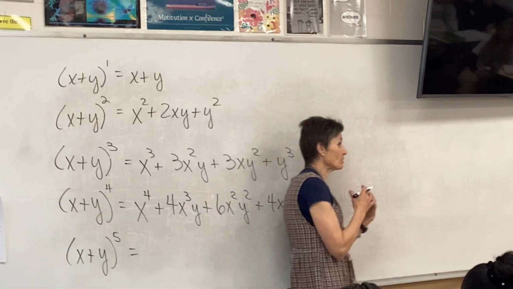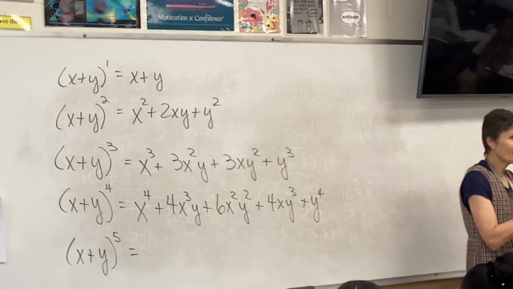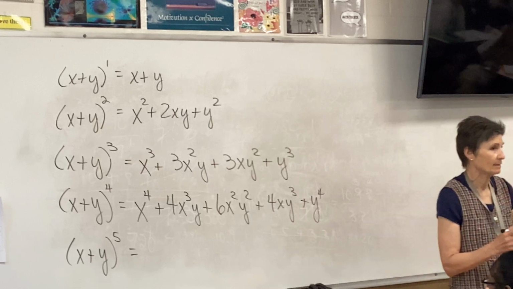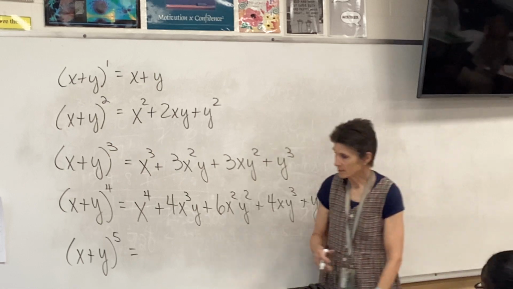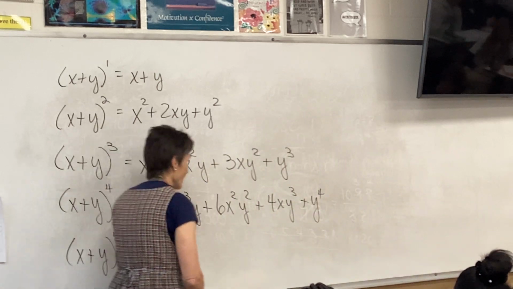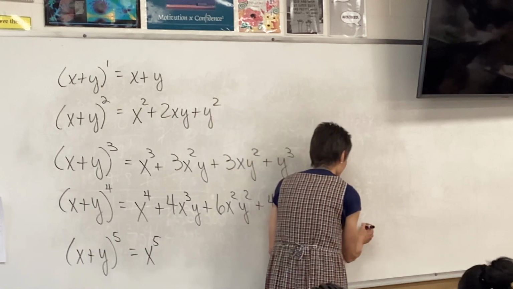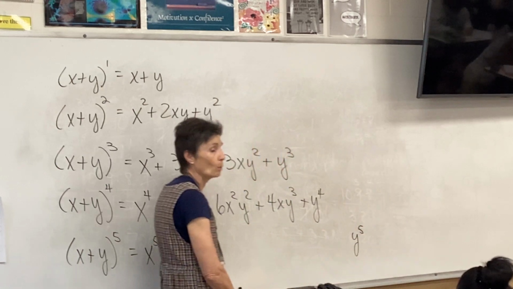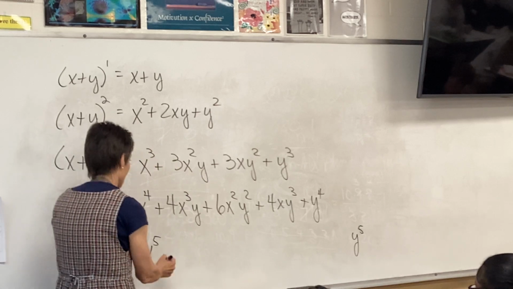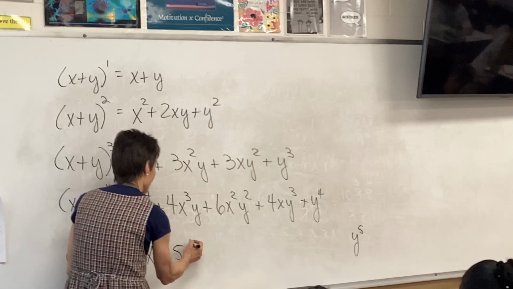Can you figure out any part of that? Maybe not the whole thing exactly, but any part of it. So it's gonna start with an x to the fifth, and it's gonna end with a y to the fifth. These are the observations we're having. What other observations? Meg? Plus 5x to the 4th y?